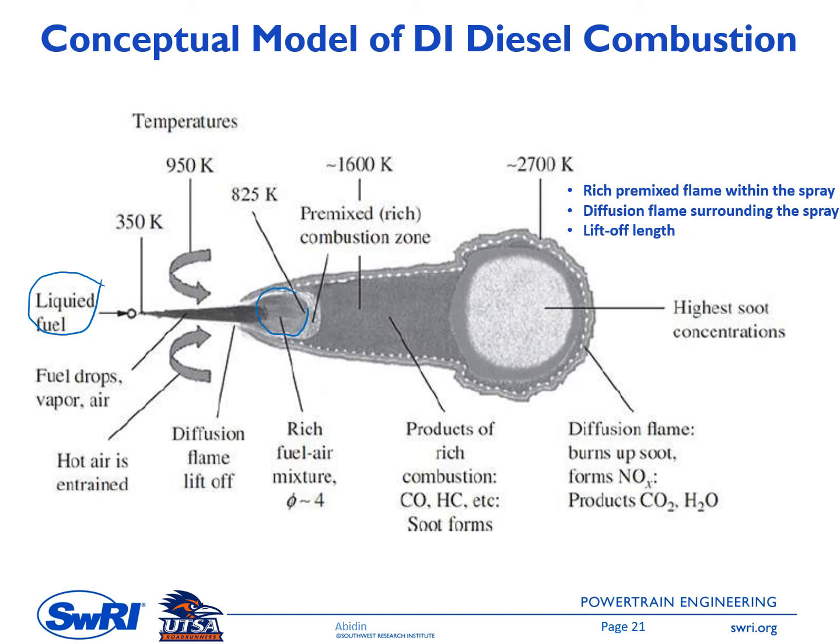So at this region there will be a rich mixture with lambda of about 4, and then going to the right here, this rich fuel mixture will also entrain the products of combustion.